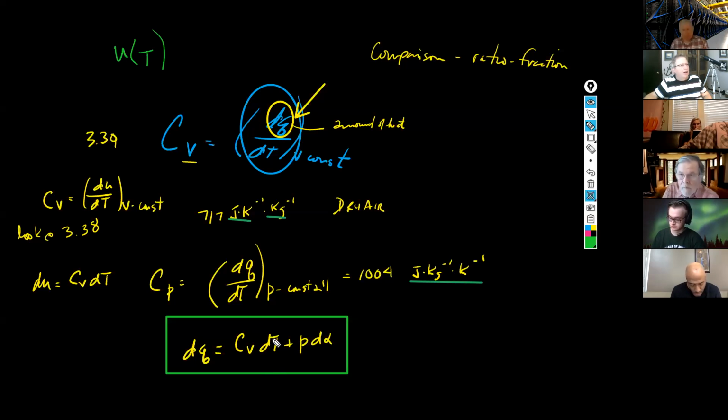Now, the majority of the internal energy, or in this case, we're going to say all of it, is going to be the kinetic energy of the molecules. There is some potential energy of the molecules if the molecules do what? You remember what we said?